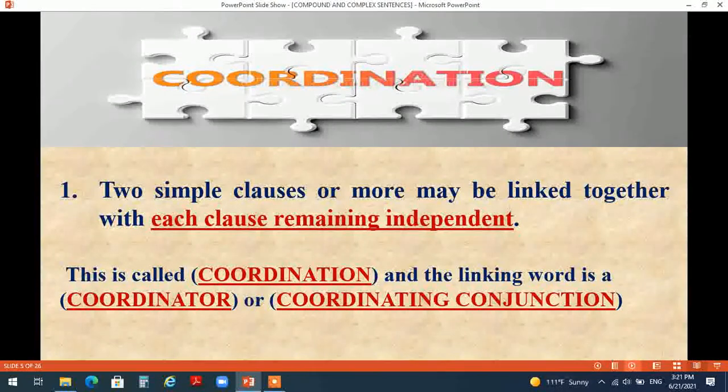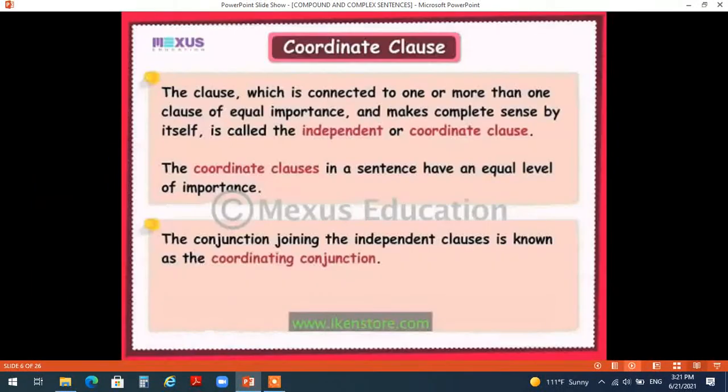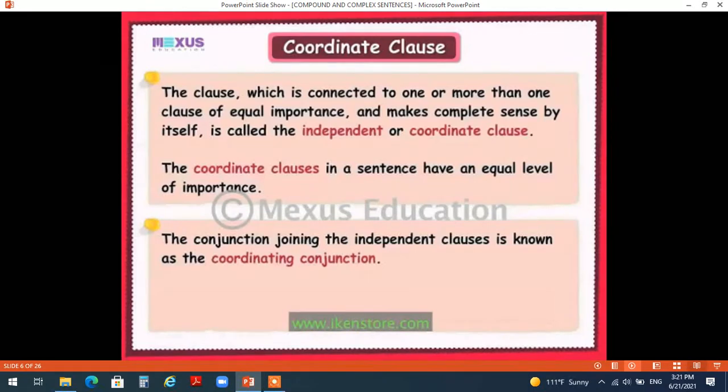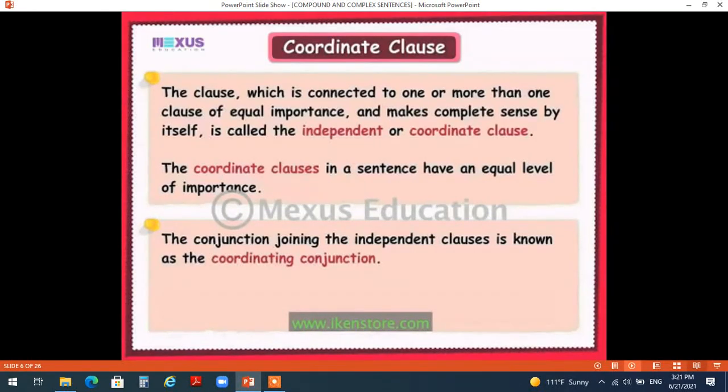a coordinating conjunction. Now, we shall try to discuss what do we mean by a coordinate clause. What is a coordinate clause? How does it differ from a subordinate clause, for example?